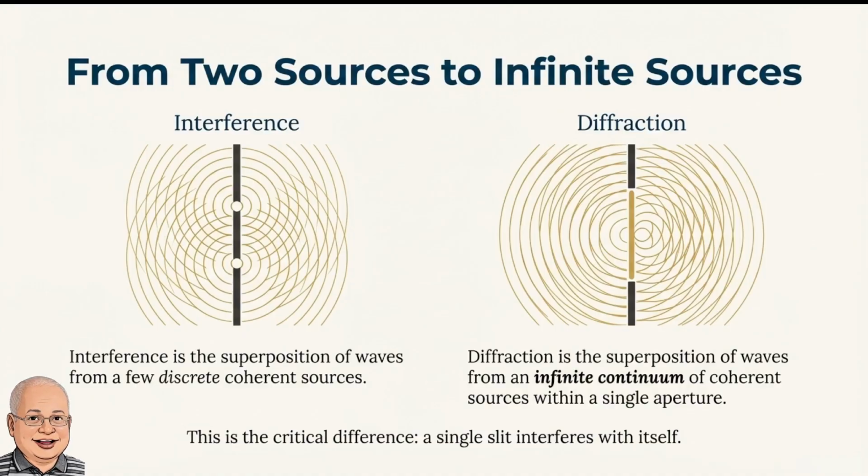On the other hand, in diffraction, we have a single slit as we have discussed. The superposition is from infinite continuous coherent sources. The critical difference here is that a single slit interferes with itself, whereas in interference there are two slits, so the interference is between two separate sources.